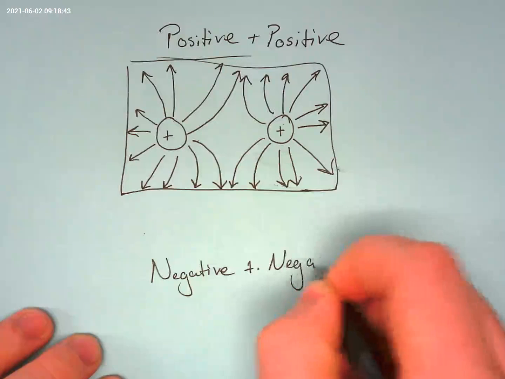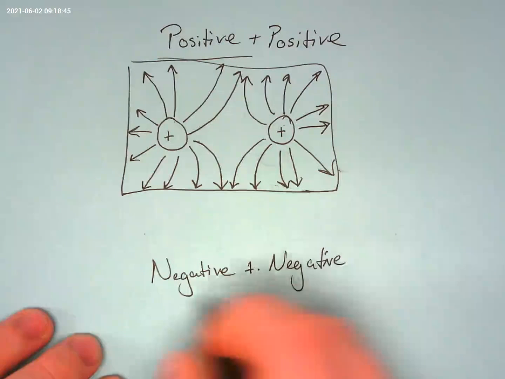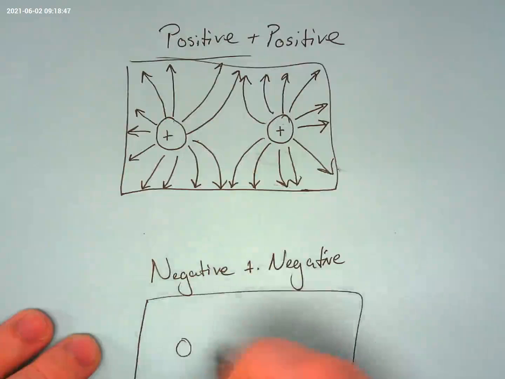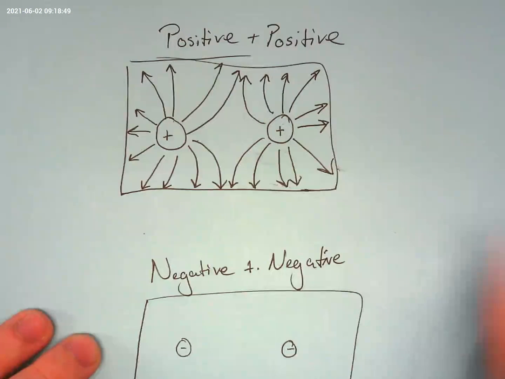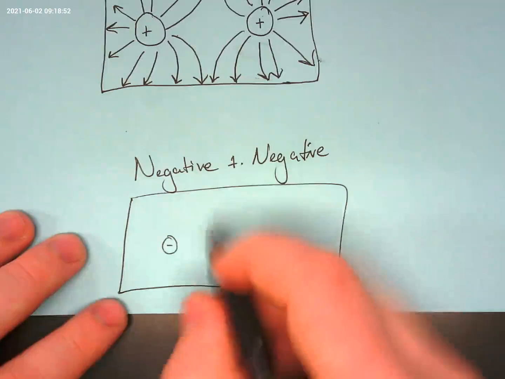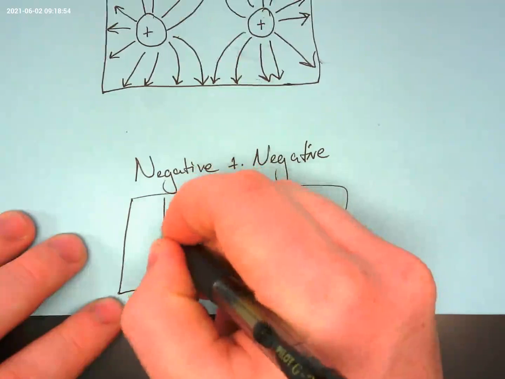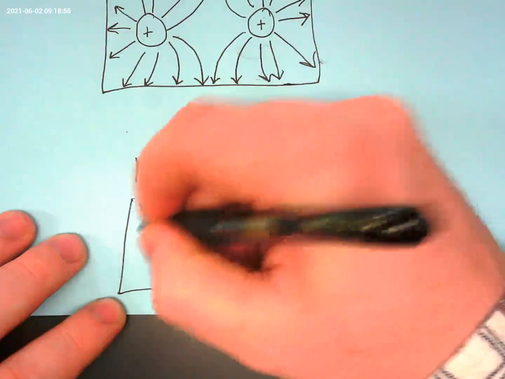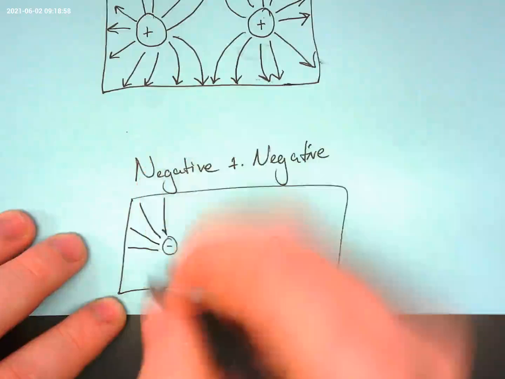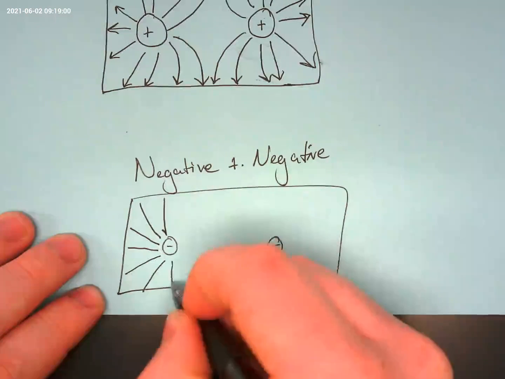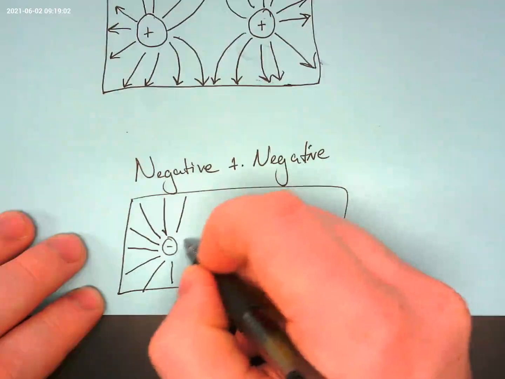Only the arrows would basically be backwards. So if we had a negative here, what we would see is this. We would see everything wants to come in towards the negative sign here.